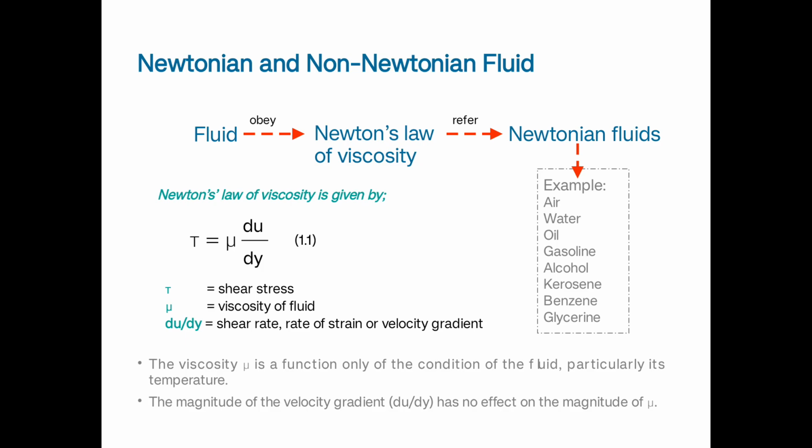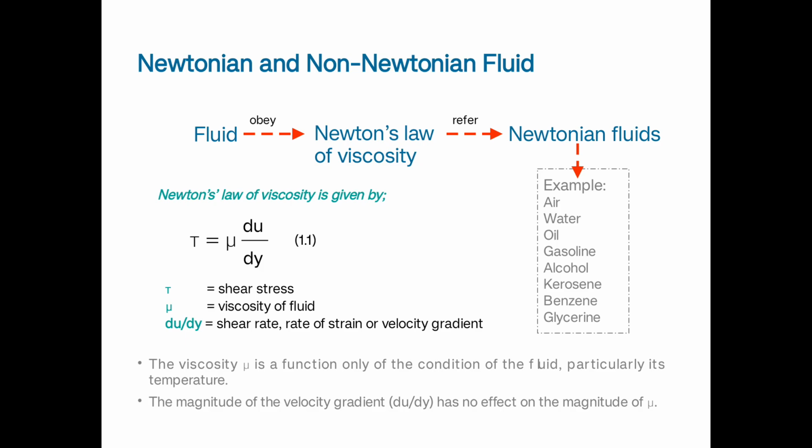It says that shear stress is directly proportional to the rate of shear strain, which we call the velocity gradient. And the proportionality constant is the viscosity of the fluid, or sometimes we say the dynamic viscosity of the fluid.